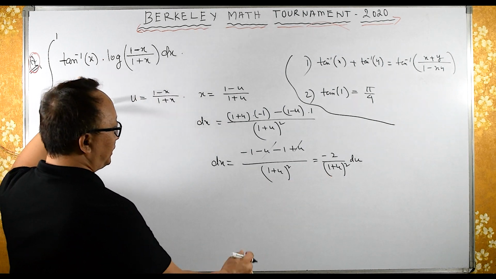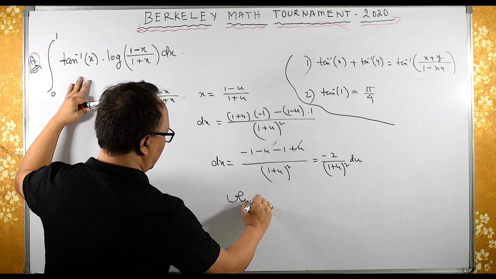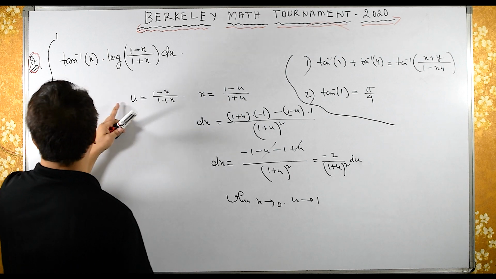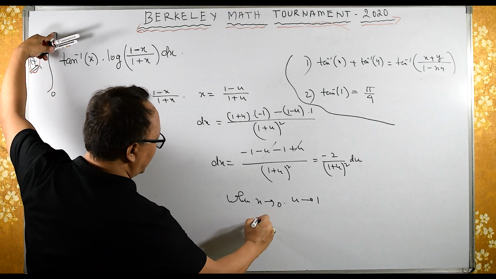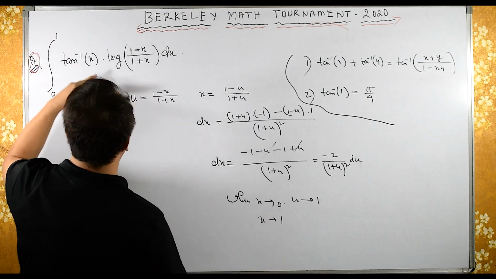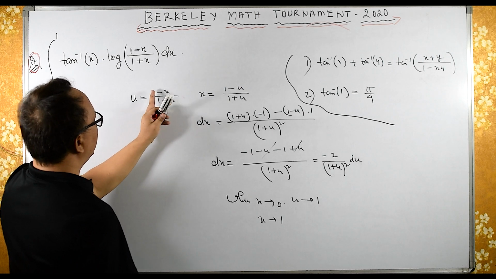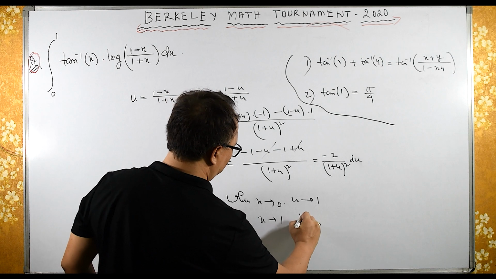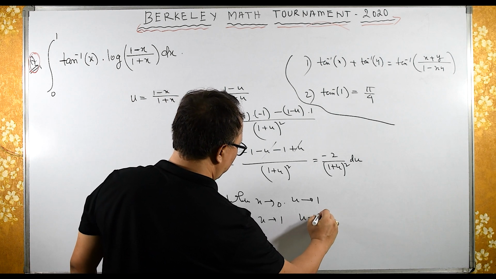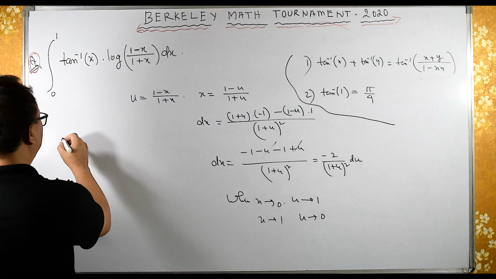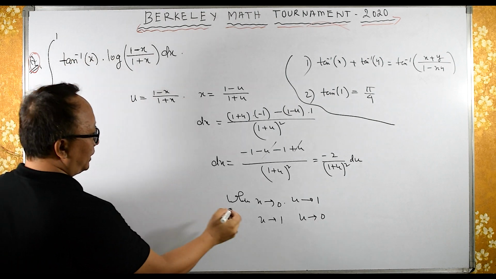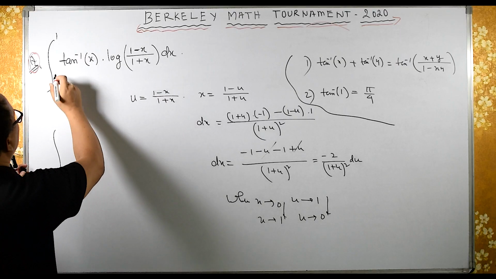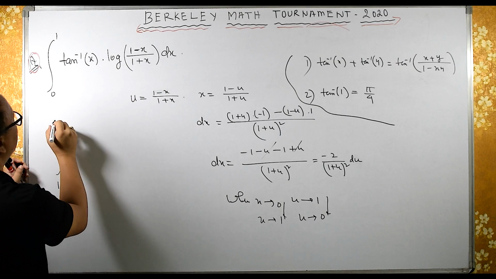So let's change the limits. When x equals 0, u tends to 1. What about when x tends to 1? Then 1 minus 1 is 0, so 0 upon 2 becomes 0, and u tends to 0. Therefore, this integral, 0 to 1, becomes 1 to 0.